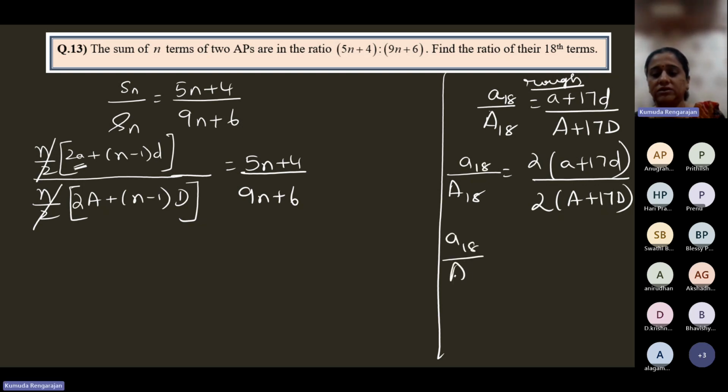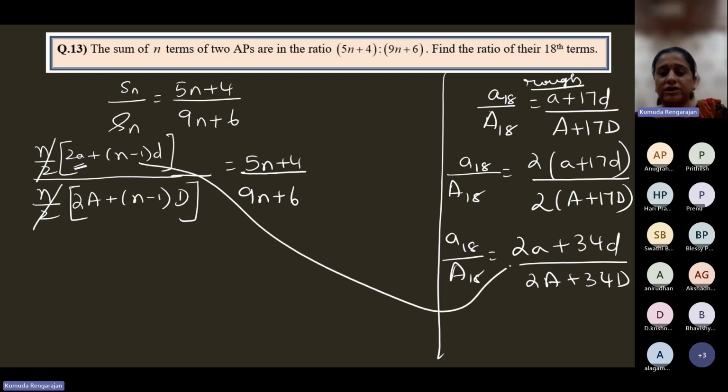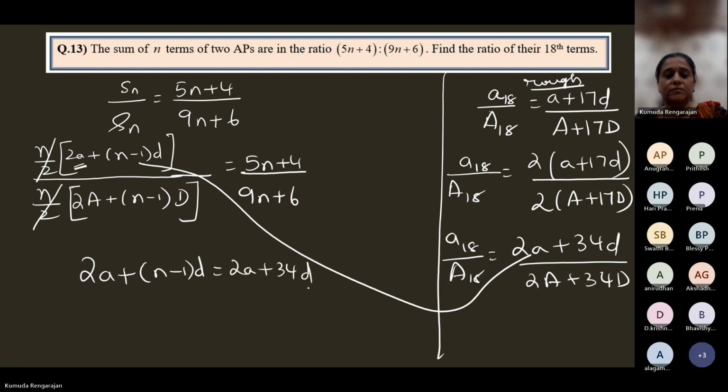A18 by A18 is equal to 2A plus 34D by 2A plus 34D. Now, when you compare what you have here and what you actually need to have, we see that 2A plus n minus 1 into d is equal to 2A plus 34d.